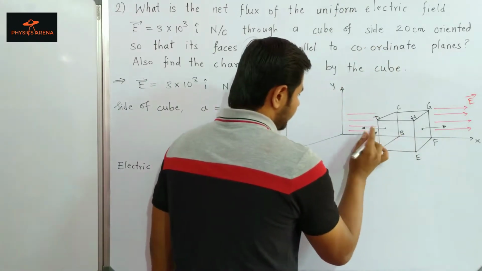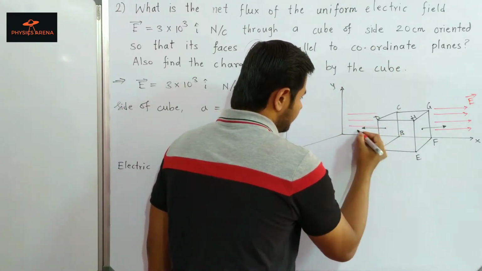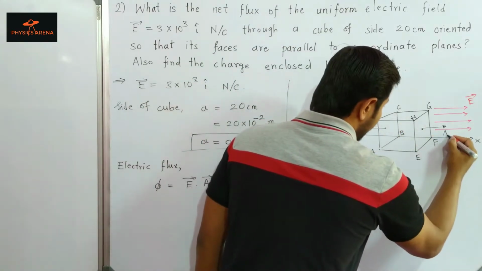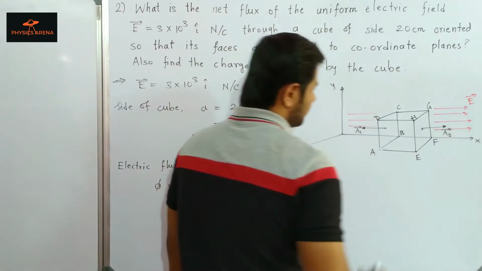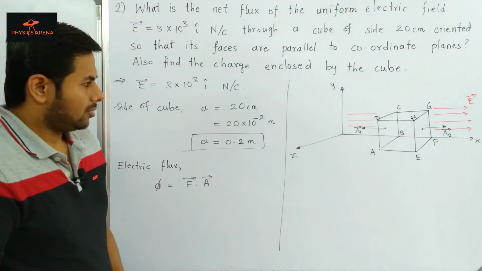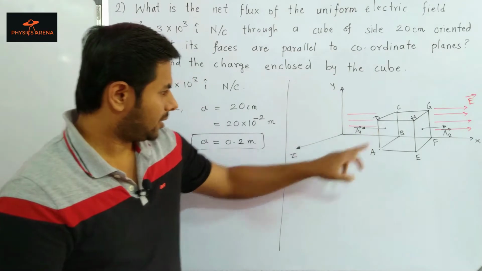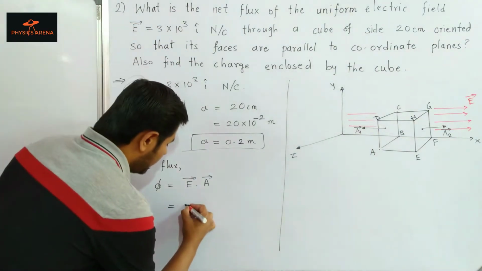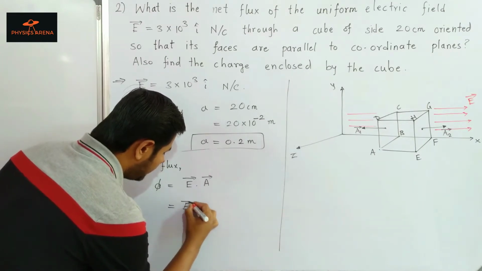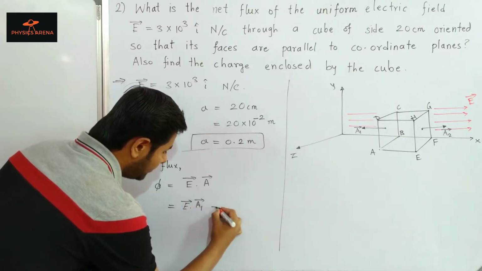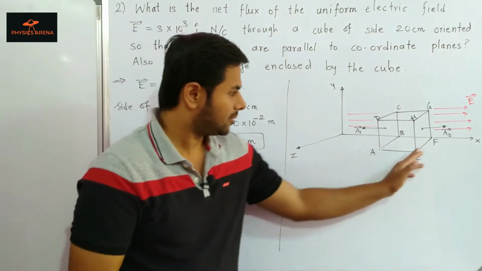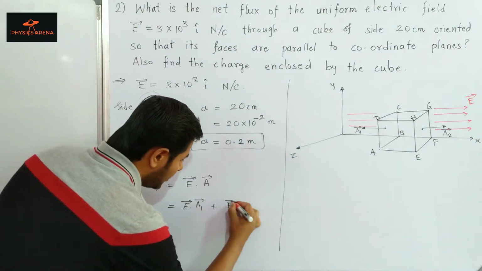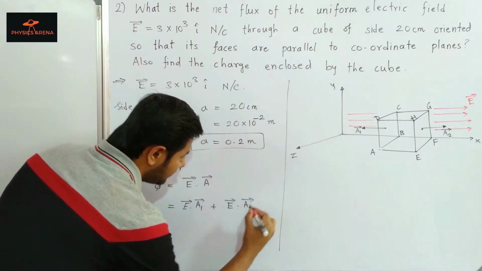So let us call this A1 bar and A2 bar. So here we can say the flux is E bar dot A1 bar plus, for this face, the flux E bar dot A2 bar.